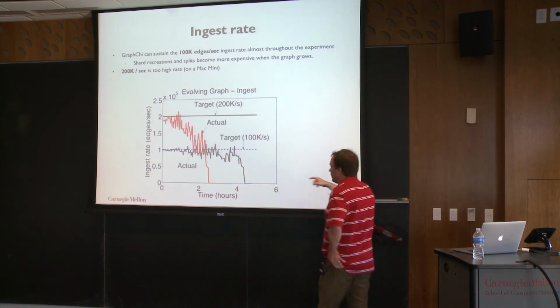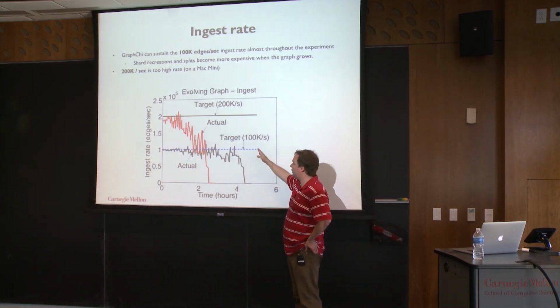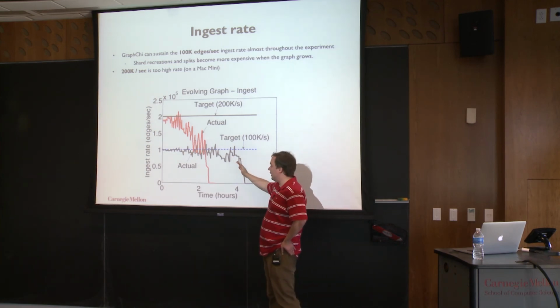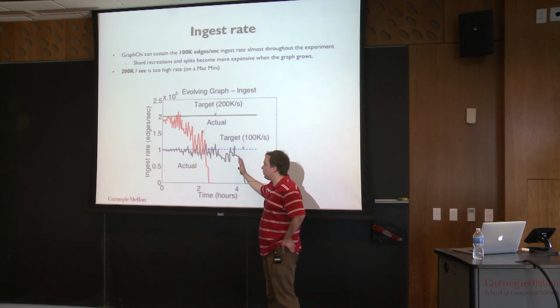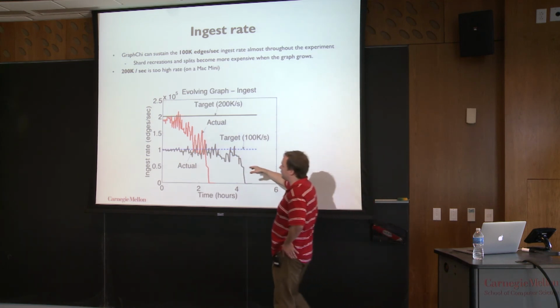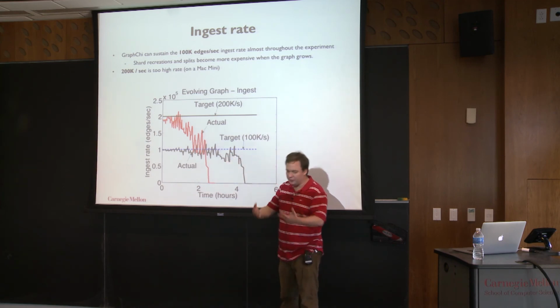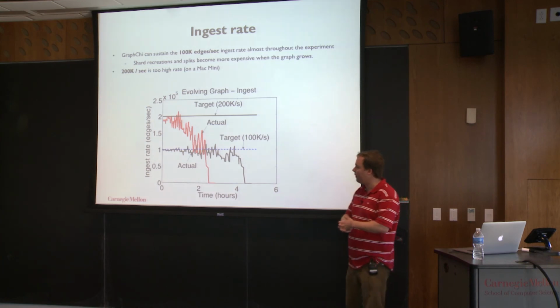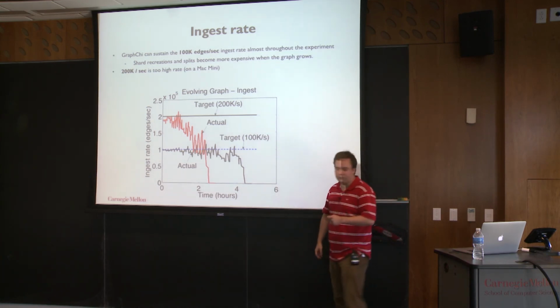And you can see that the system can sustain the rate of 100K edges per second roughly until the end, until we run out of edges, actually. And why there is some variation is that when the graph gets bigger, splitting the shards and rewriting them on disk becomes more expensive. But 200K is too fast, right?